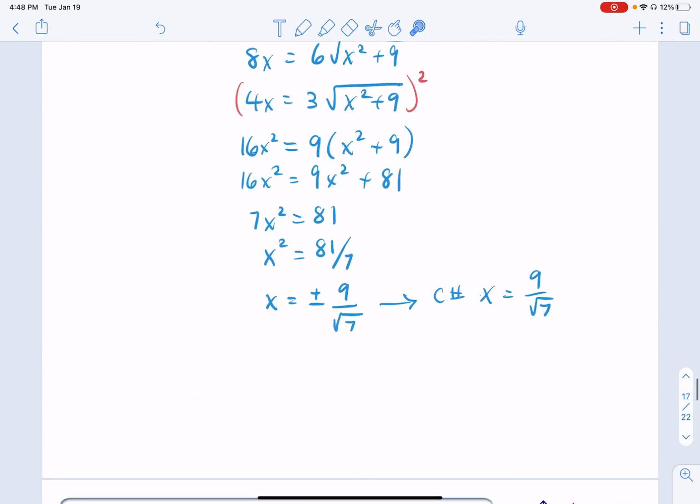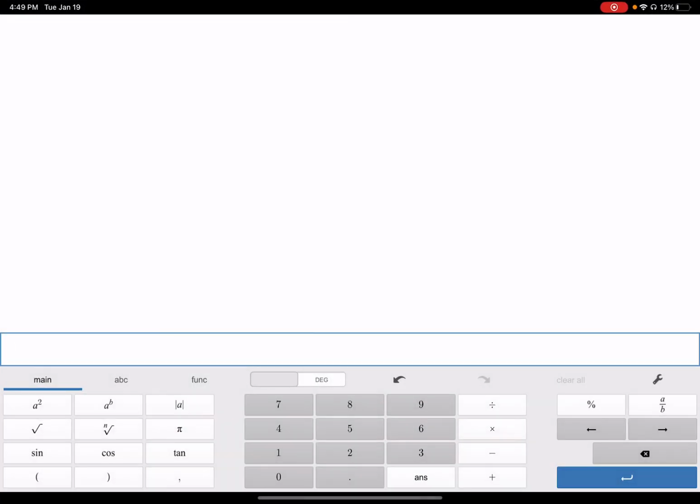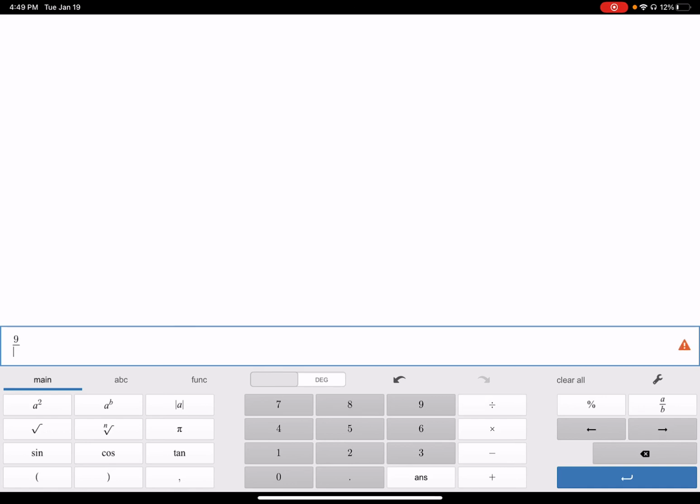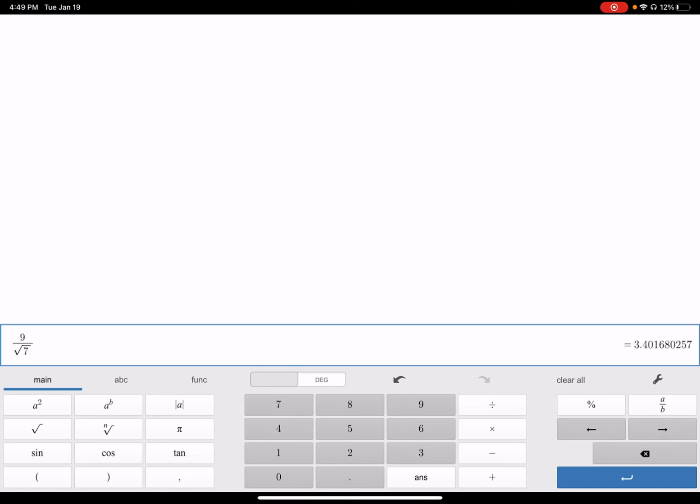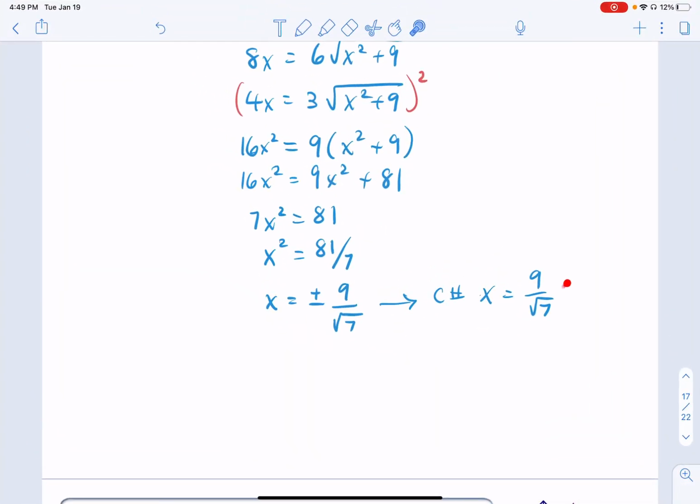Let's throw that into the calculator, get an approximate number here. 9 divided by the square root of 7 is 3.402-ish. All right, so there's our critical number.